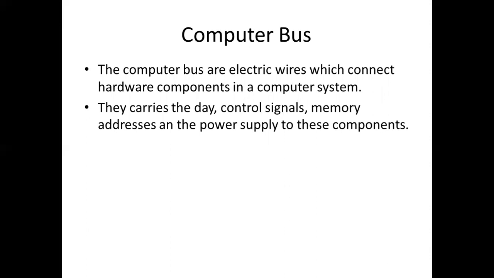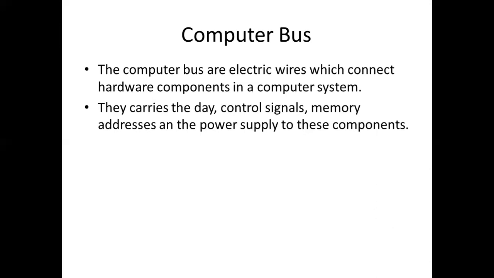Computer buses are electrical wires which connect hardware components in the computer system. So what is their job? They carry the data, the signals, the resources, the instructions, and power within the computer components. That is the job of a bus, and that's why it is called a bus system.